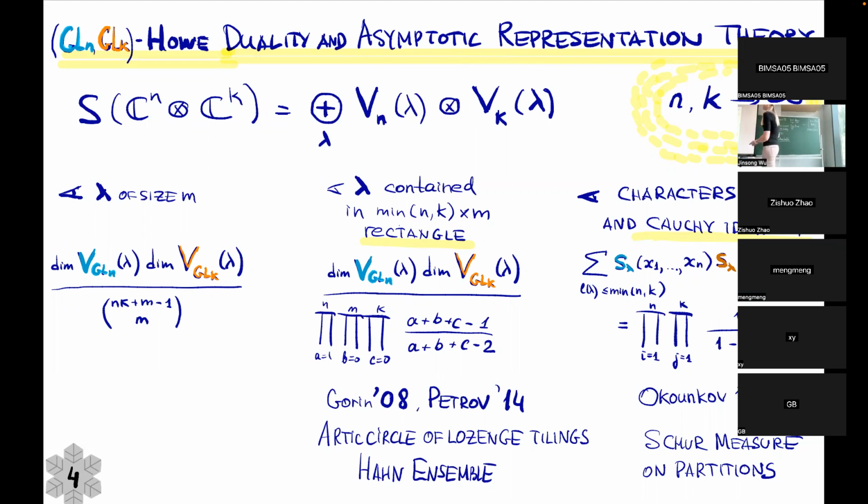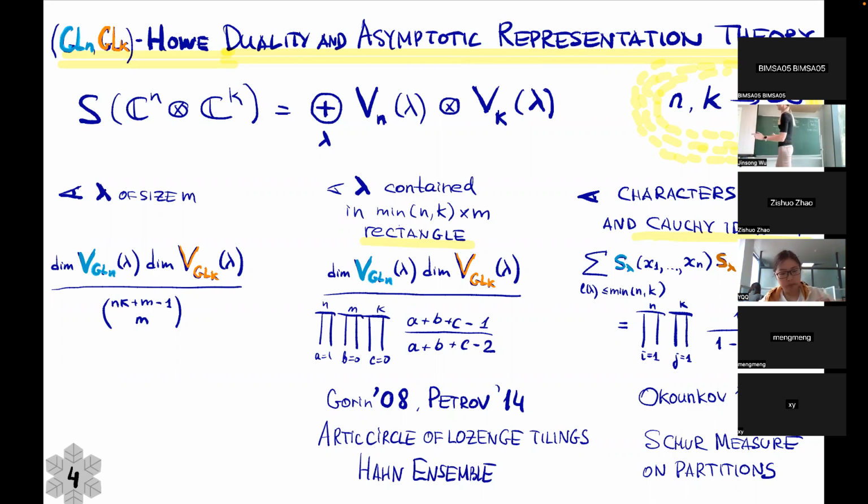And also, there is another approach regarding the Schur measure on partitions, because we can consider the characters and the corresponding Cauchy identities.